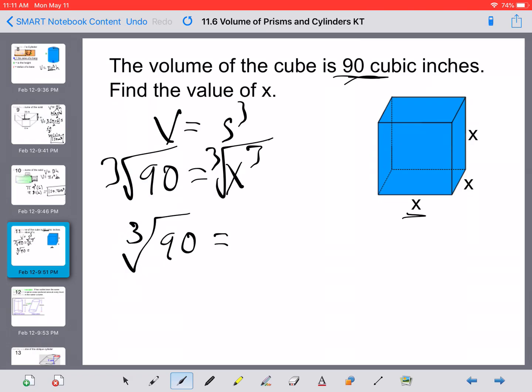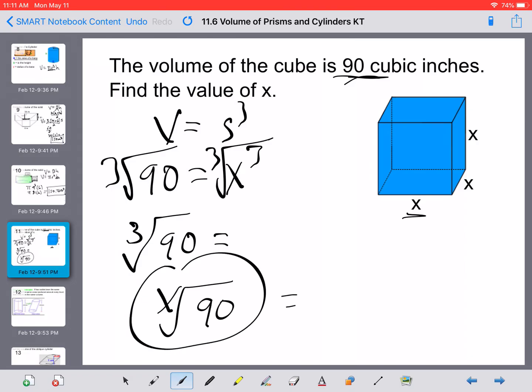Now in this case, you're going to have to type this in your calculator. There's a couple ways to do it. On my calculator, there's a little button that looks like this, x with the cube. And what you have to do is hit 3, and then hit this button, and then you put 90 underneath. And when you do that, I got 4.48, and that would not be cubed, that would just be in inches. That would be your answer.